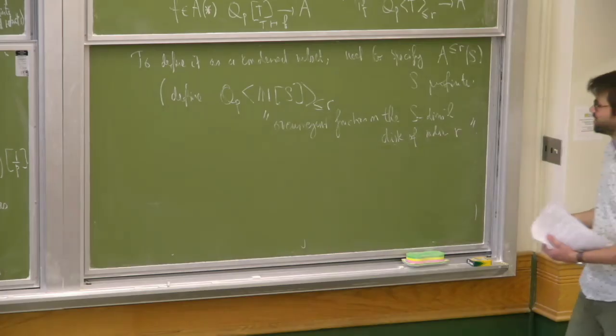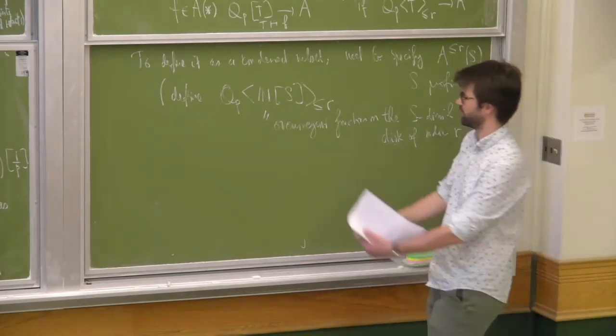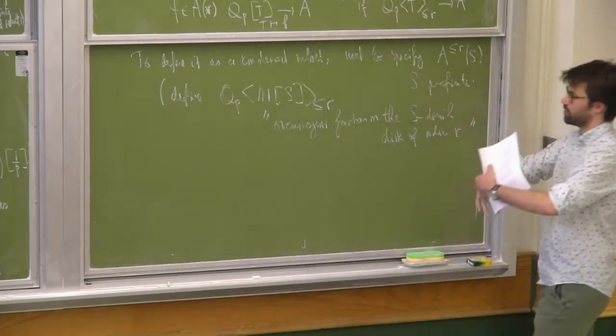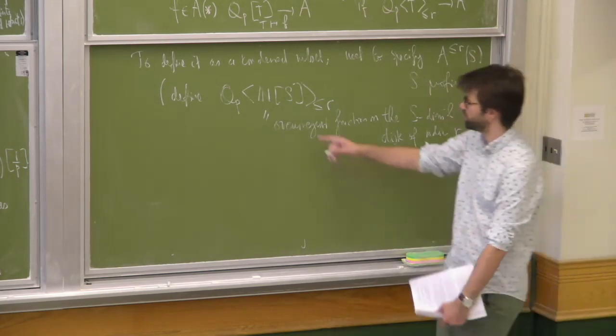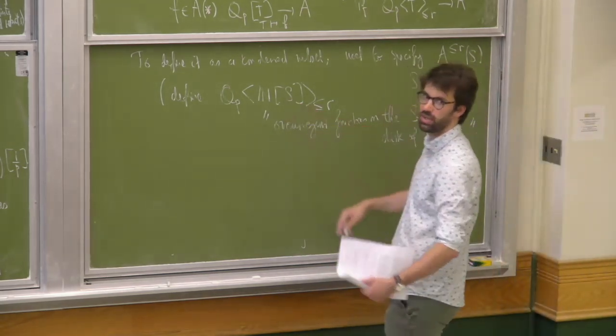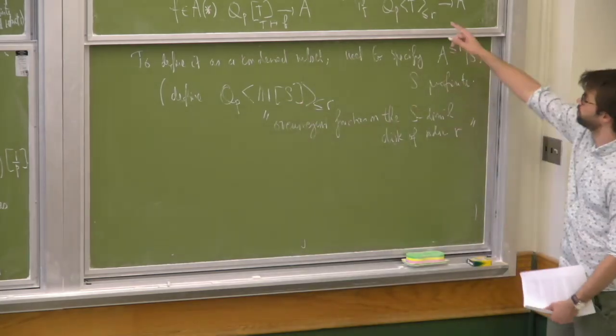If S is just a finite set, that's just an overconvergent disk of that dimension. You need to define some kind of S-families of such, and then you just mimic this.